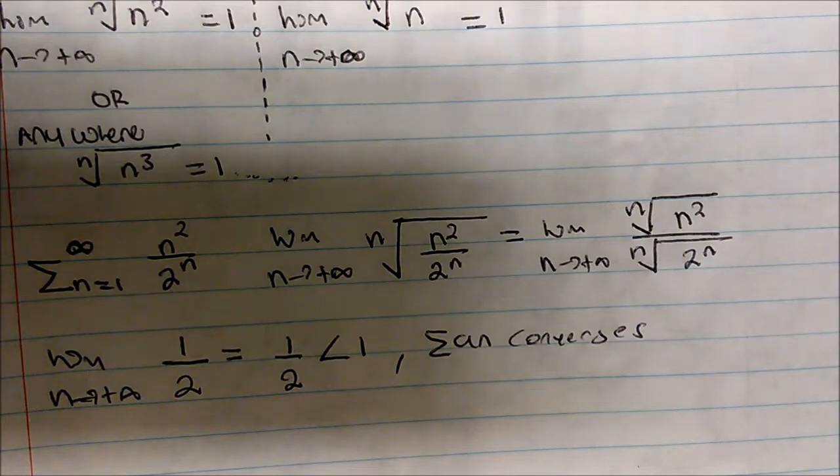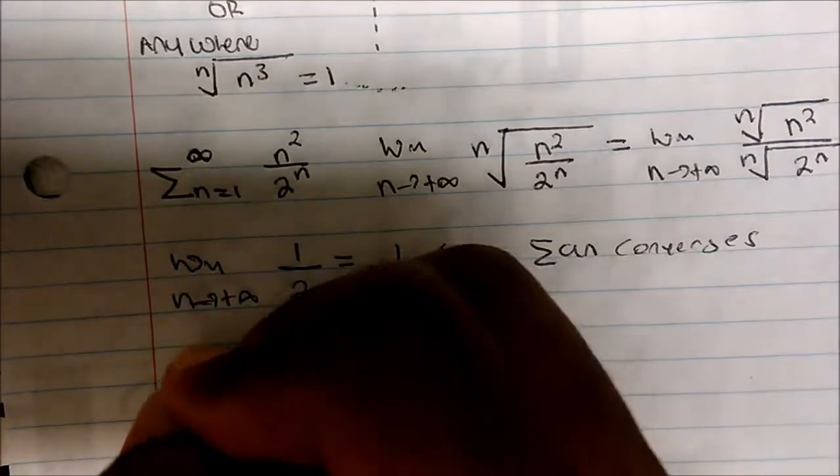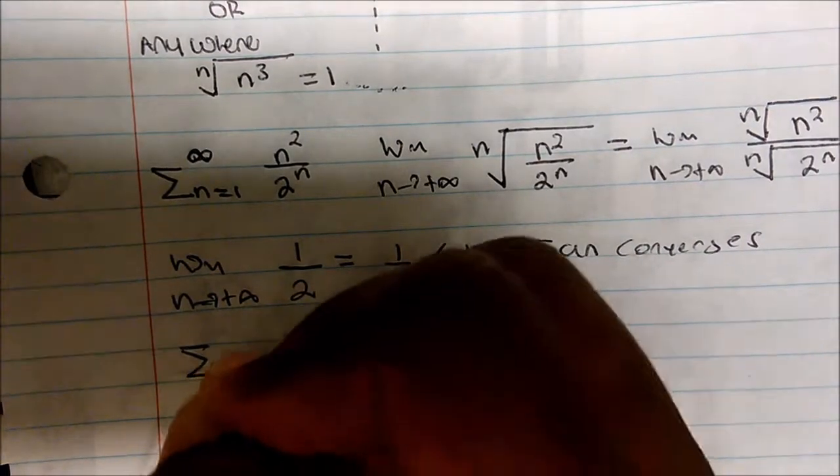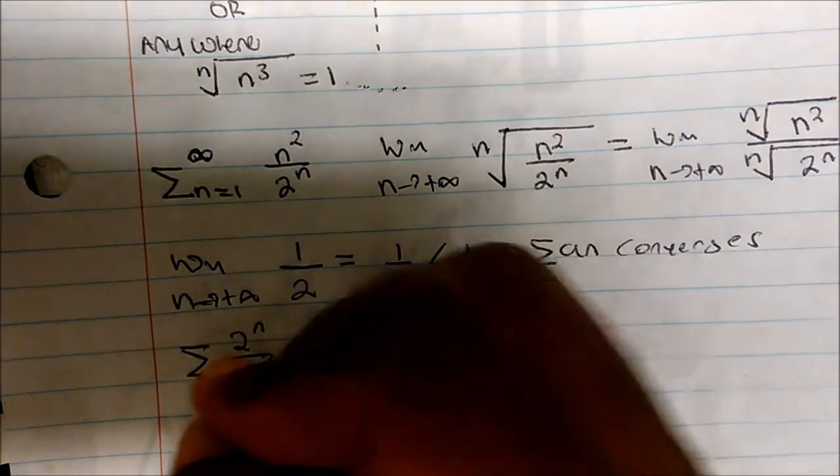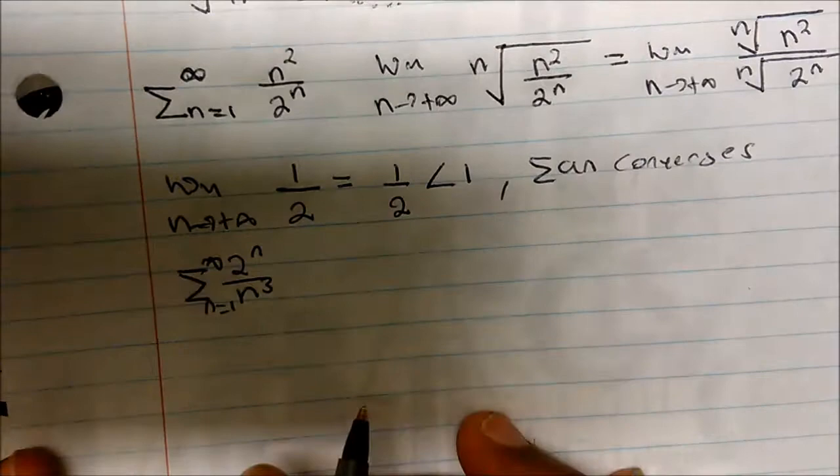Okay. Let's look at another one. What if we wanted to determine whether this converges or not? 2 to the n over n cubed, where n is equal to 1 to positive infinity.